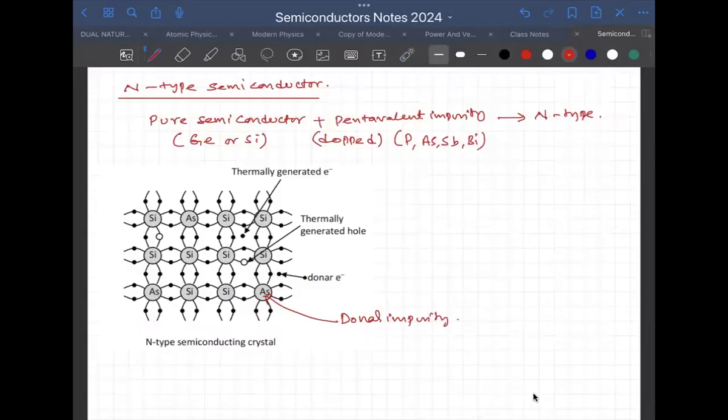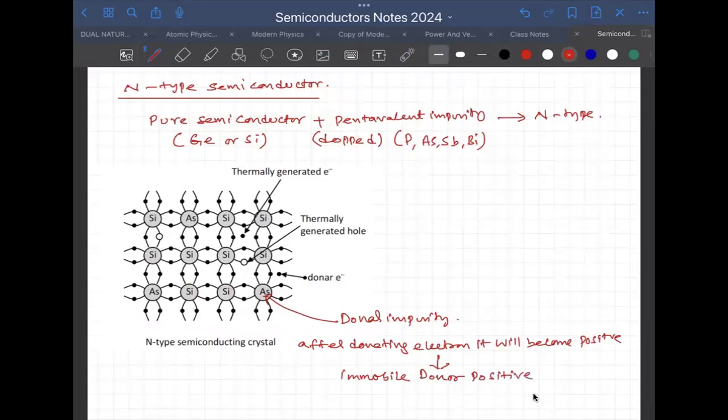By donating this electron, it will become positive. And hence, after donating the electron, it will become positive. And it won't move, by the way. Hello, it won't move. And hence, this will be called an immobile donor positive ion.